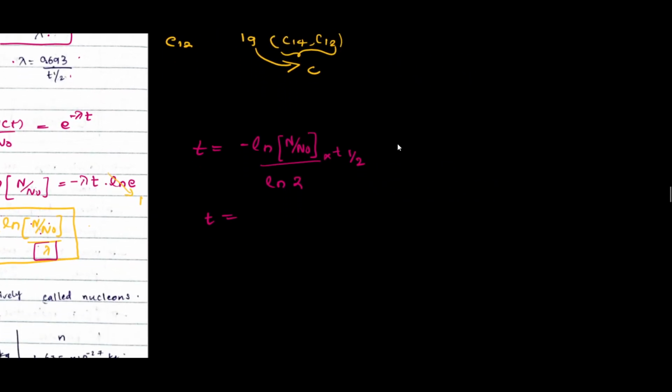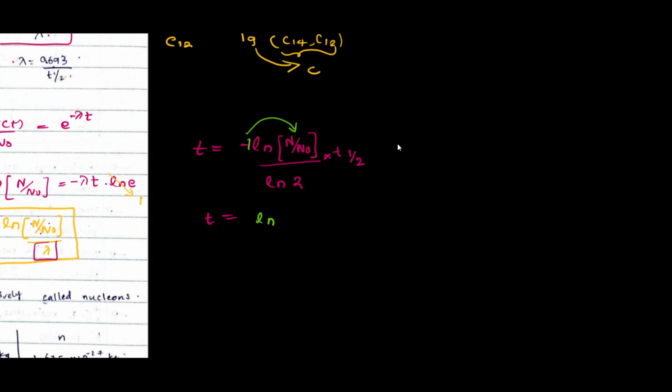Now let's apply the values and see. I can get rid of this minus 1. We have minus 1 in front, so let's take minus 1 into this. Then we get ln of N over N naught to the power minus 1.